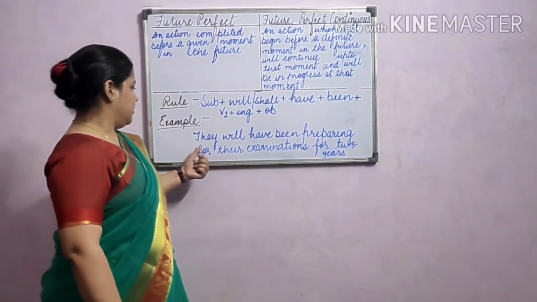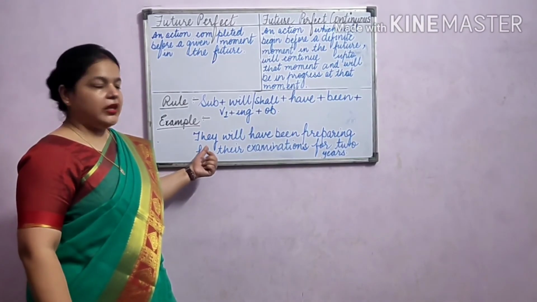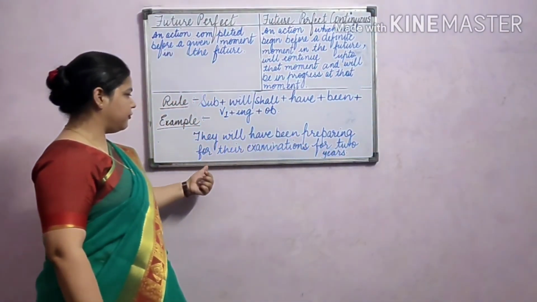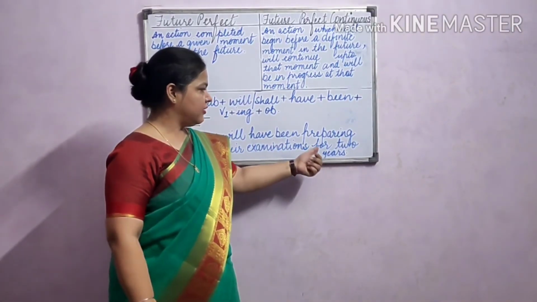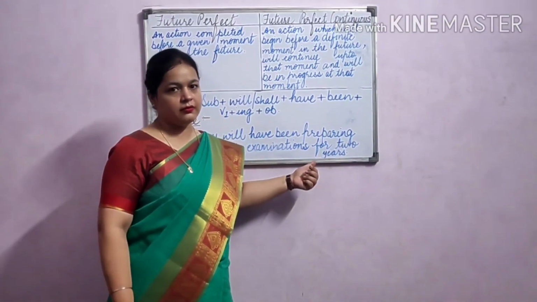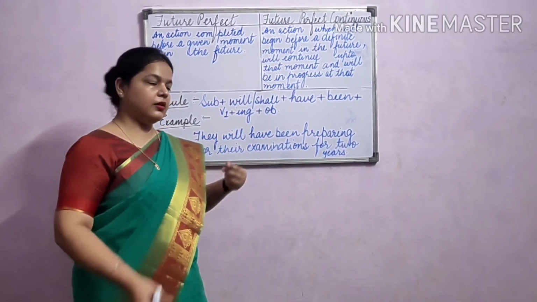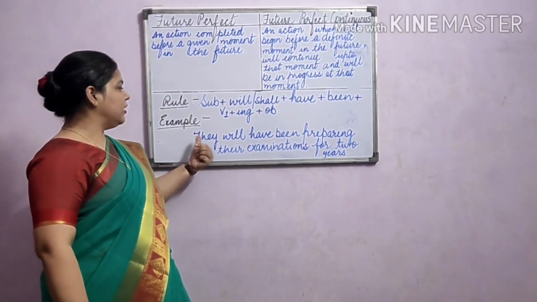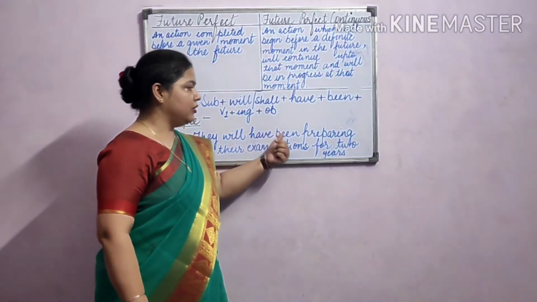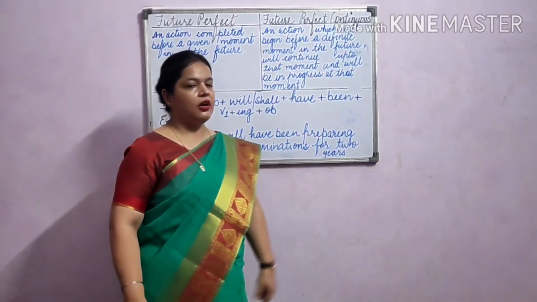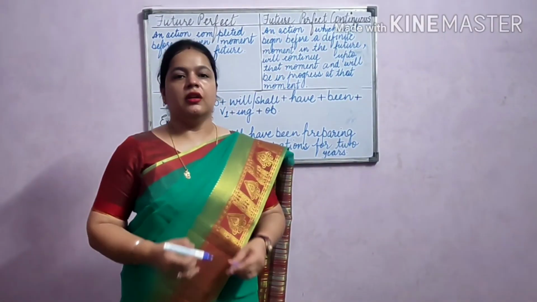Interrogative of this sentence will be, will they have been preparing for their examinations for 2 years? Question mark. An interrogative negative, combination of the two, will be, will they have not been preparing for the examinations for 2 years? Question mark.